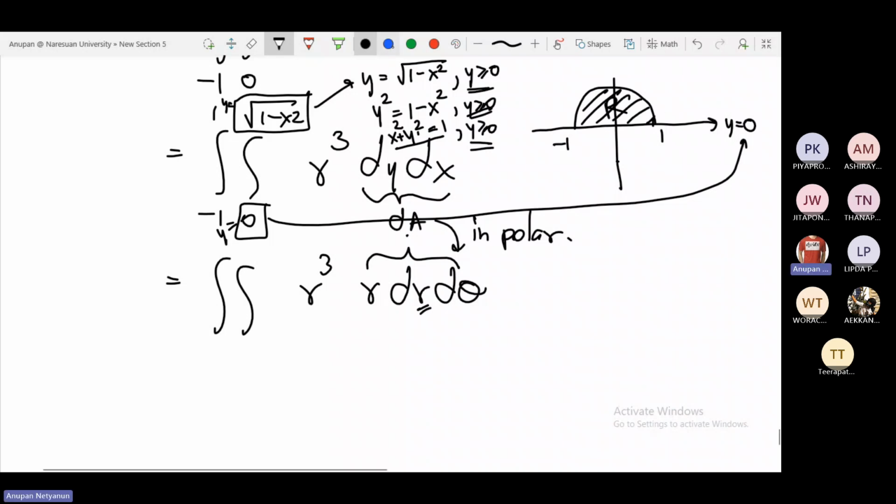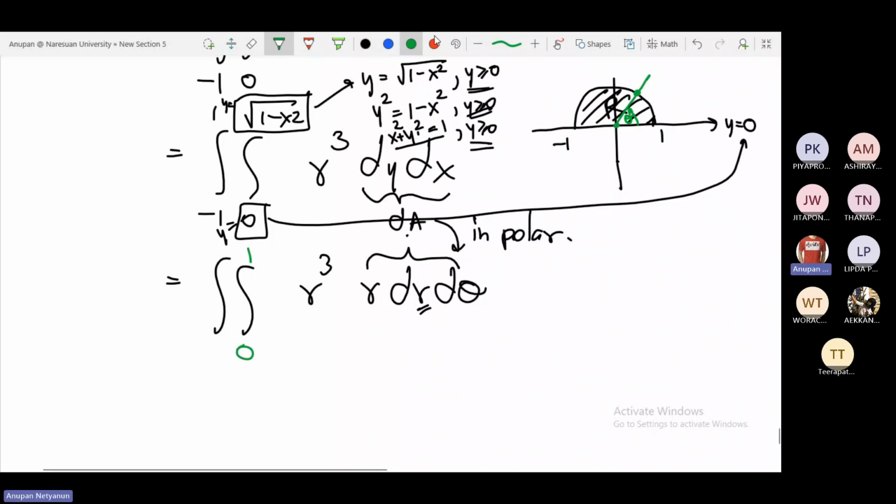So your theta is fixed. So let me fix theta, this one. And I have this line, right? And it intersects the region at this point and this point. You can see that from this line, you are running from 0 up to radius 1. So the running number for r is from 0 to 1.